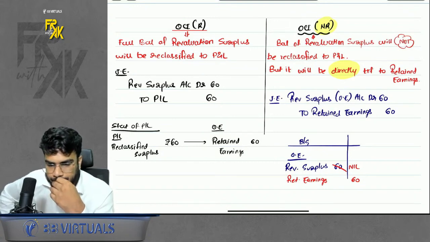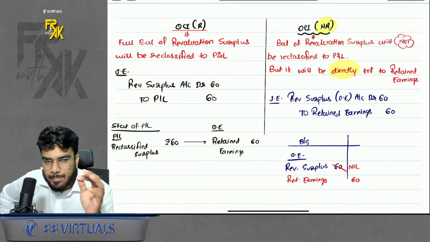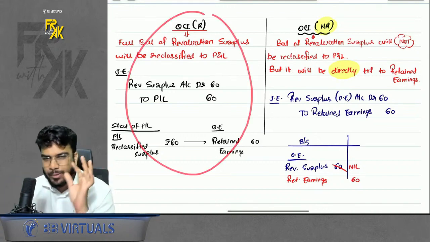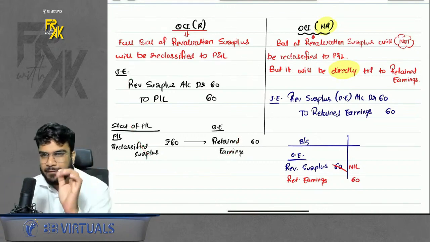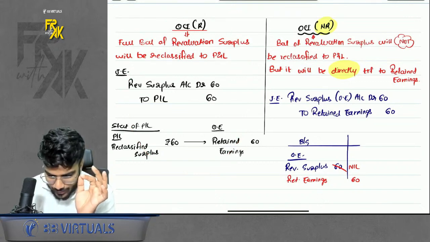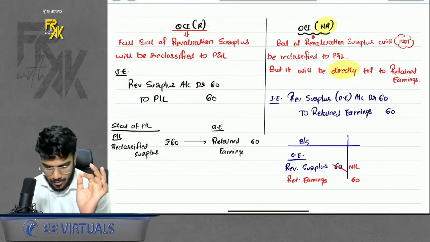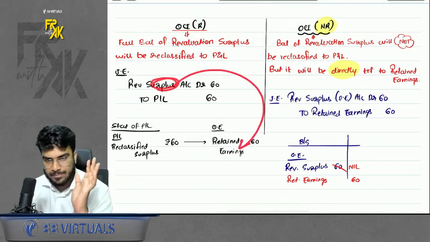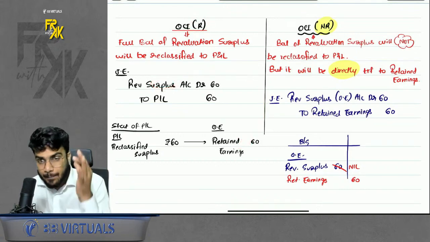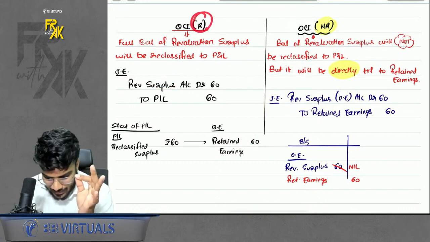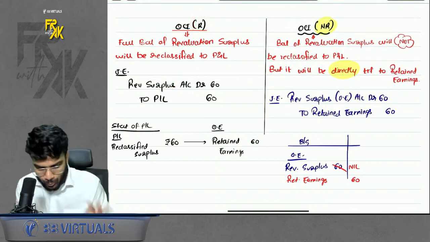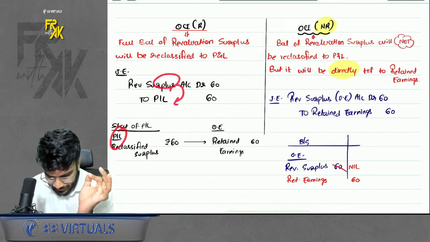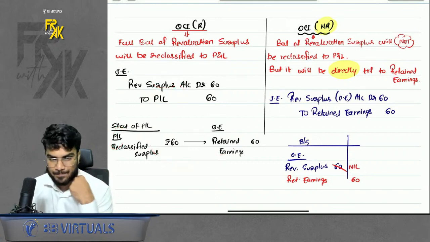Done, guys? Now, please try to understand the difference between both the methods very minutely. There is only a minor difference between both the methods. Can I say in R, ultimately the surplus is getting transferred to retained earnings? But the only difference is, in this case, it is getting routed through profit and loss. First we book the surplus to profit and loss, and then it gets transferred to retained earnings.